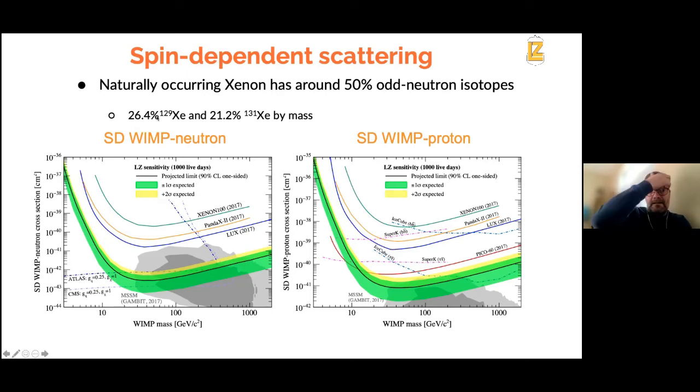If you add these together, about 50% of your xenon is from these isotopes. So it gives you a good sensitivity to WIMP neutron scattering, which is shown on the left here. And then on the right, you have the WIMP proton scattering. And here you can see the already existing limit from PICO is much stronger than that of these liquid xenon detectors.